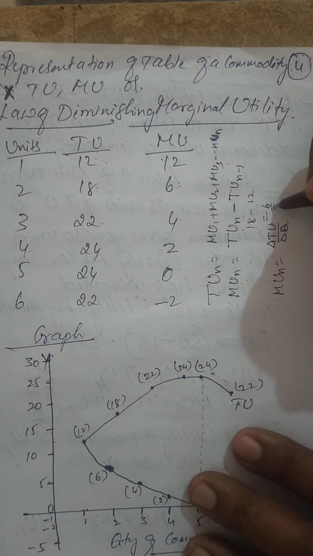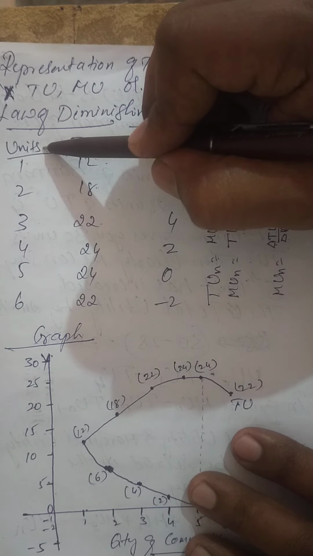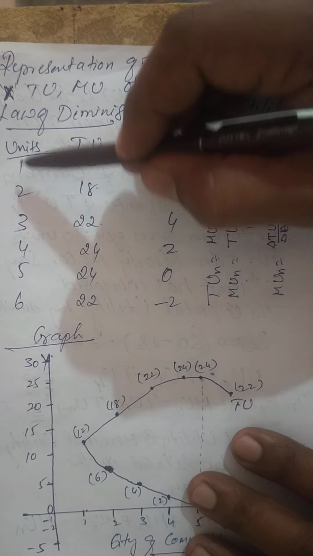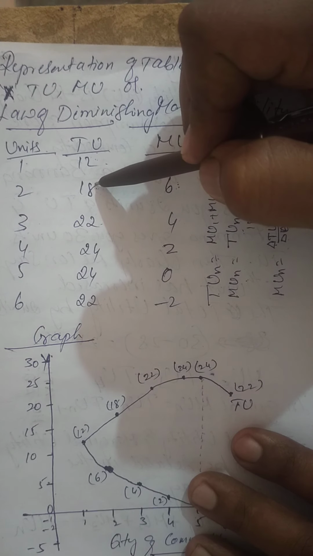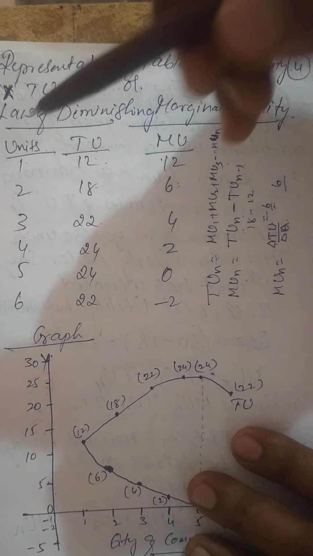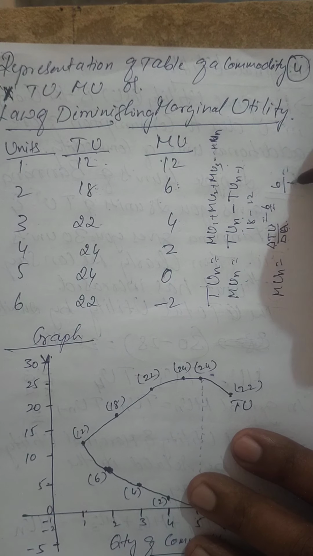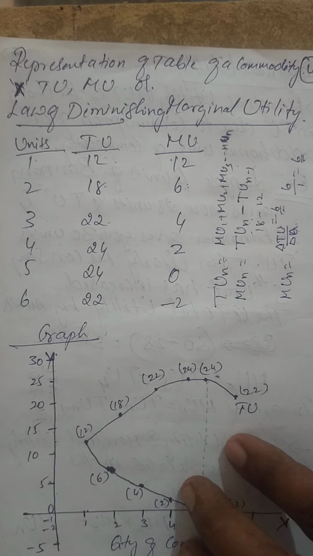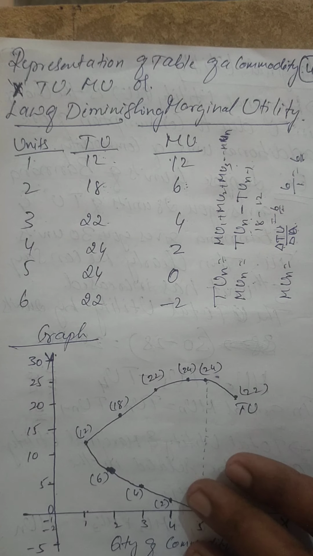Q is the quantity of commodity, in units. These are all quantities of commodities consumed. Since we are calculating for the second unit, 2 minus 1 is 1. That is 6 divided by 1, which is 6. So the two values remain the same.